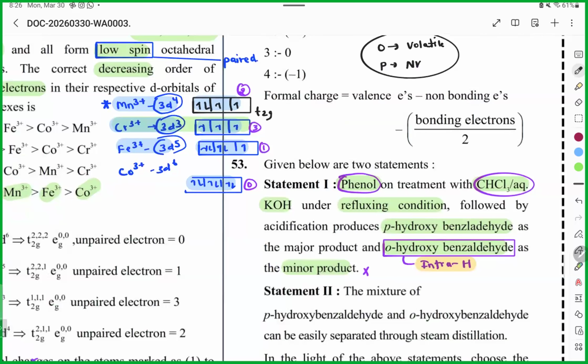Right? So what about the second option, guys? A mixture of para-hydroxybenzaldehyde and ortho-hydroxybenzaldehyde can be easily separated by steam distillation. Is this true? Yes, sir. Yes, it is true.